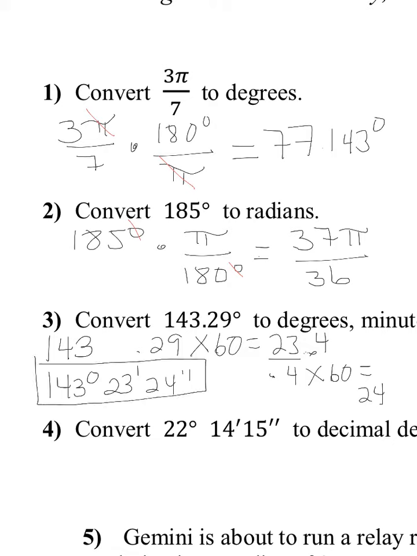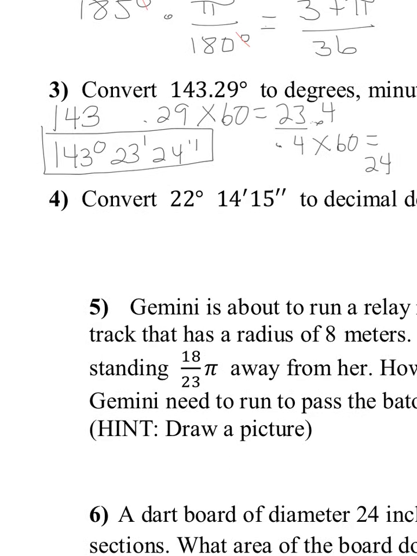All right, problem number 4. We're going to do the same thing in reverse. So we take our 22 degrees and we keep that. And this time we're going to take the minutes, the 14 minutes, and divide that by 60.